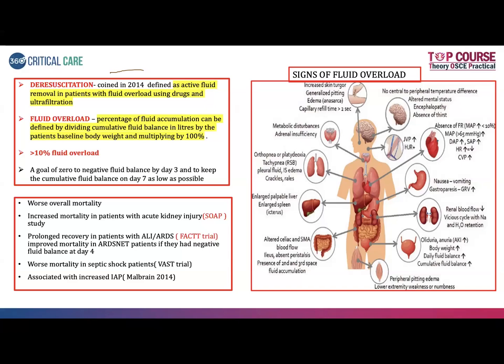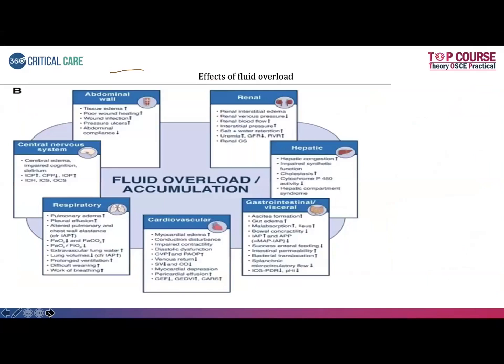And pitting pedal edema. The splanchnic circulation will be affected, with decreased blood flow to your splanchnic vessels, celiac and SMA. Congestive hepatopathy, there can be rales, orthopnea. The patient can have pleural effusions. There can be metabolic disturbances and anasarca.